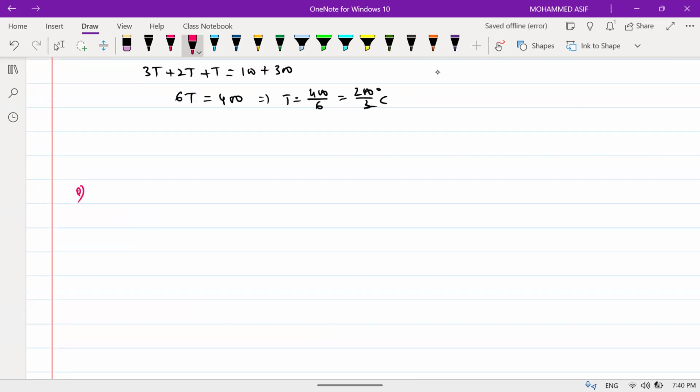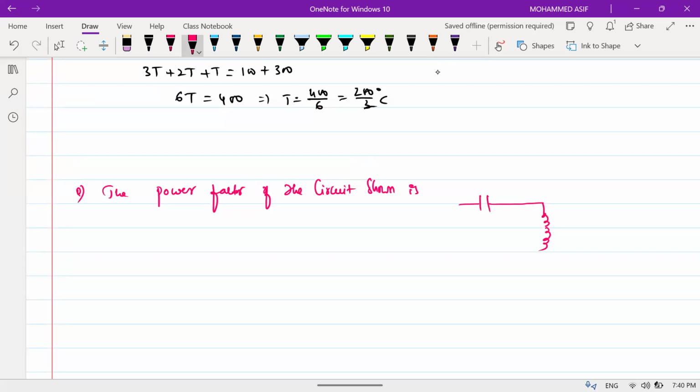See this question. The power factor of the circuit shown is... This is the given figure. There is a capacitor, there is an inductor, there is also a resistor. Resistor R is equal to 40 ohms.